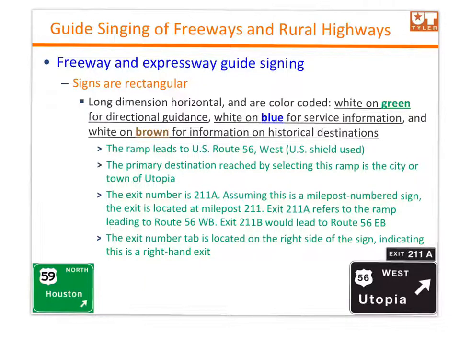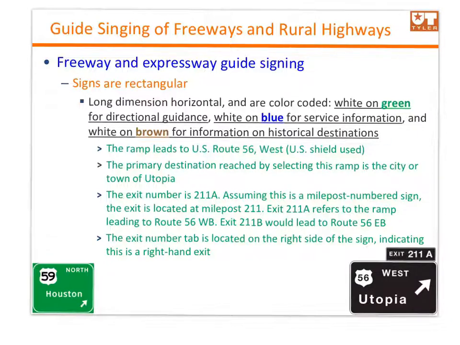In fact, this exit number, 211A, refers to the ramp leading to Route 56 westbound. So it says here west, that means you're going to US Route 56, and that's going to be westbound. And exit 211B would lead to Route 56 eastbound.